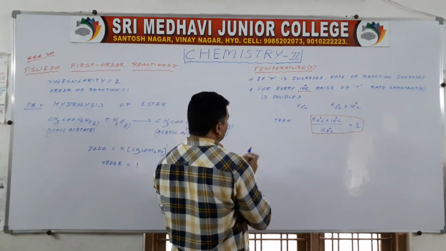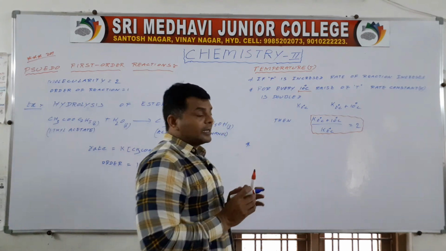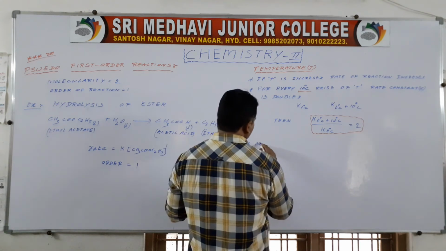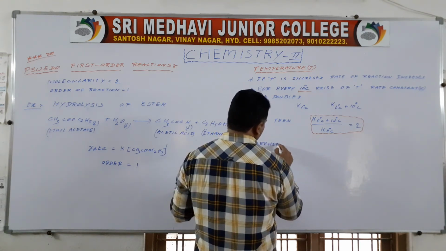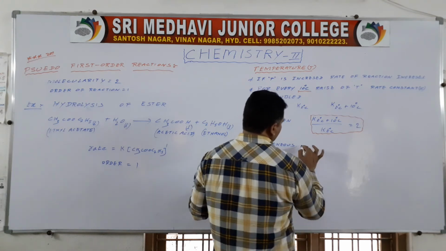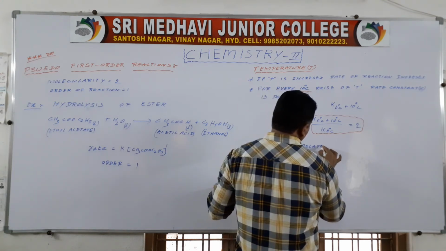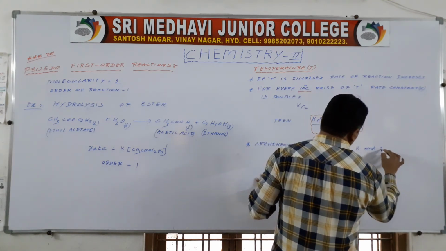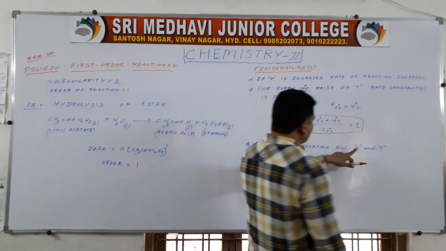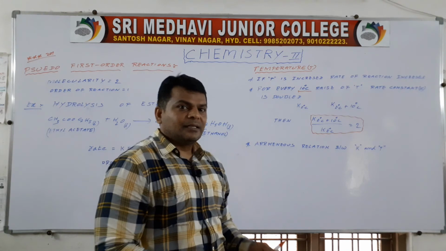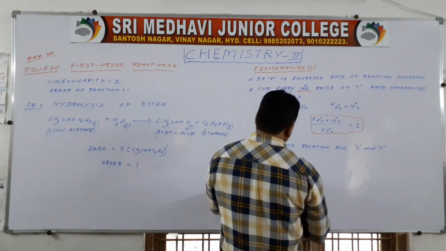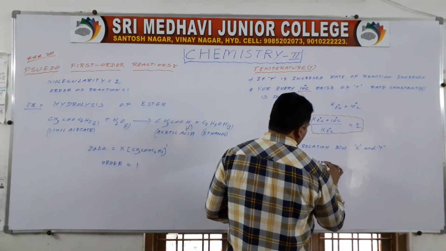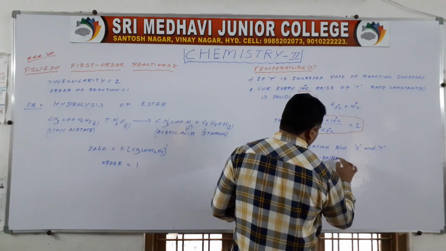Then Arrhenius gave a relation between rate constant and temperature. The Arrhenius relation between K and T: K means rate constant, T means temperature. Then K equals A into e to the power minus EA by RT.